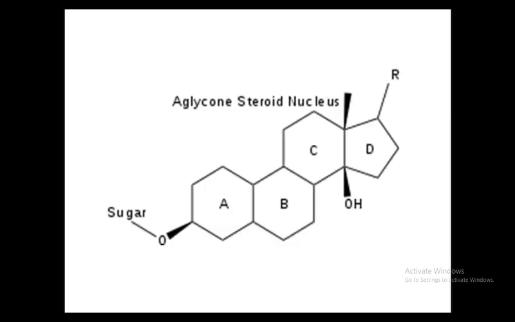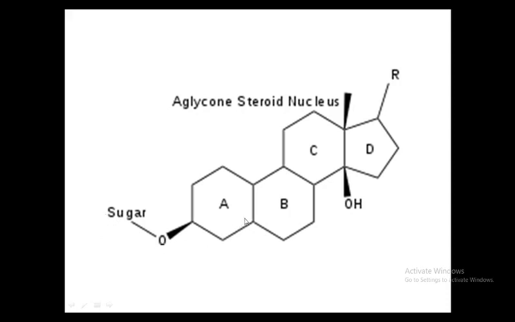So this is the structure of a representative glycoside, where we can see the two different components. The first is the non-sugar part, the steroidal nucleus, which is the non-sugar part of the glycoside, and this is the sugar part attached to the aglycone part.